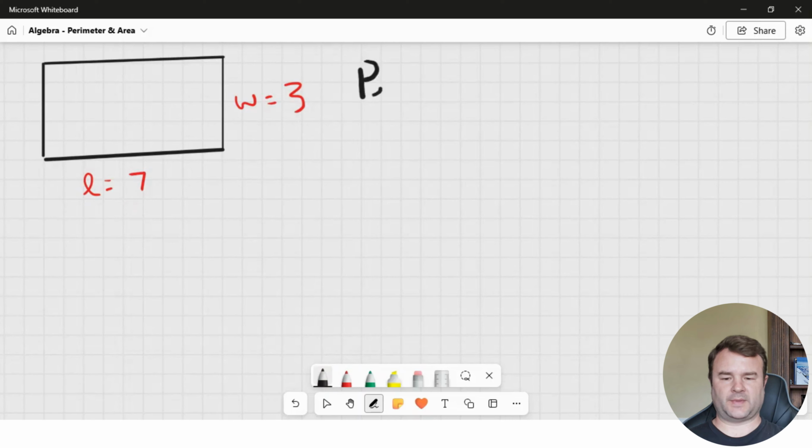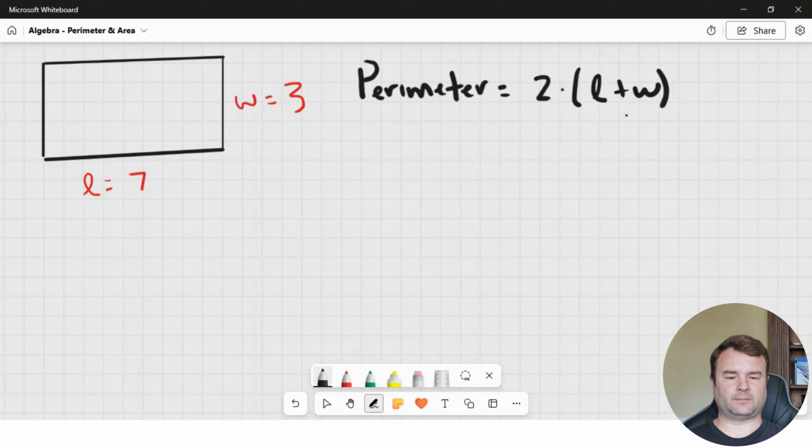So again, perimeter is equal to 2 times the length plus the width. In this case, we have 2 times length, which is 7, plus the width, which is 3.